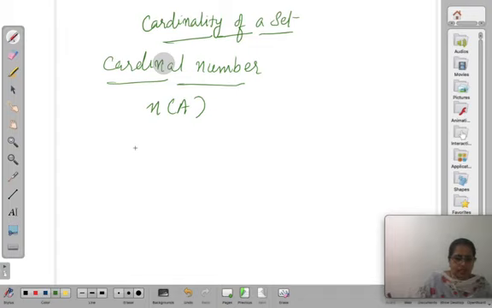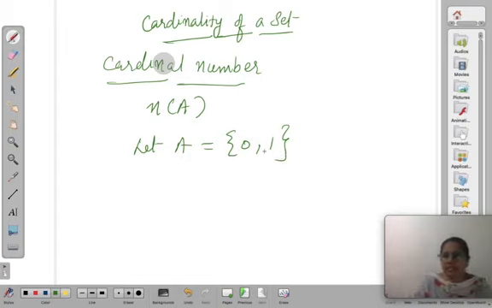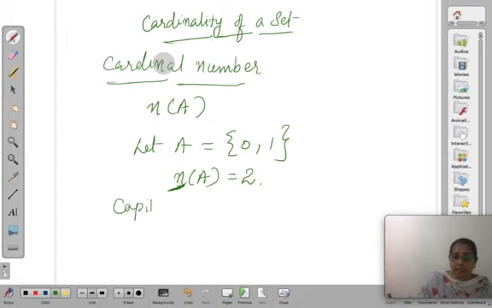For example, I will explain how to find the cardinal number. If the given set is the set {0, 1}, then what's your cardinal number? Find out the number of elements, that is 1, 2. So your cardinal number is 2. If I told you to write the members of the word capital, how will you write?